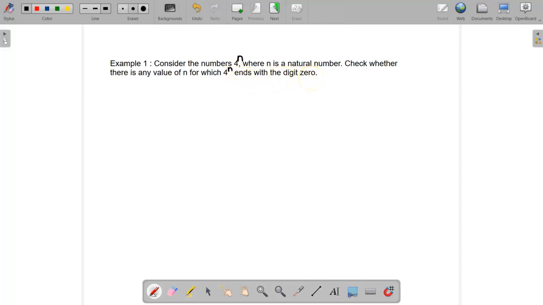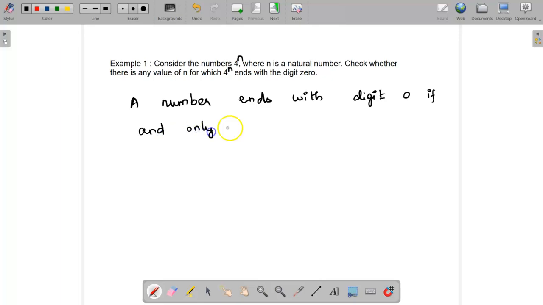So first of all we can say that a number ends with the digit 0 if and only if it is divisible by 10.